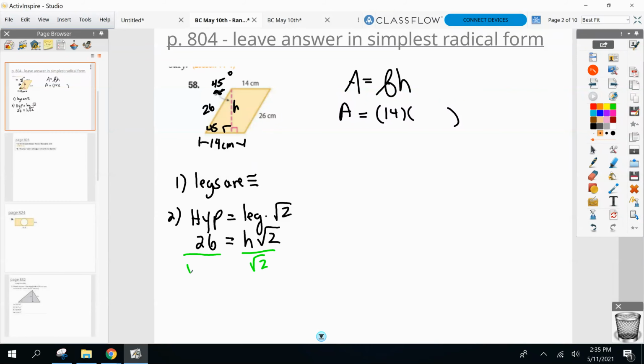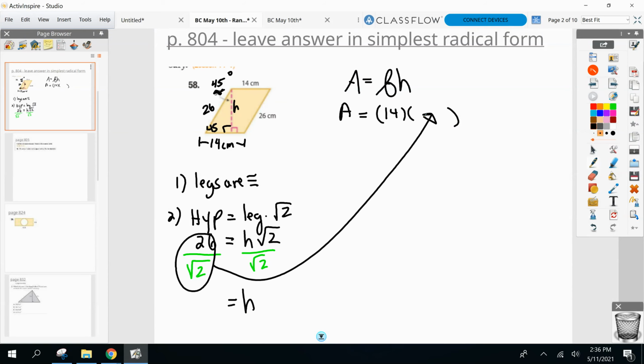And you don't have to worry about this tomorrow, about getting the radical out of the denominator. I know some of you are worried about it, unsure. Some of you are good at it. Don't worry about it tomorrow. We haven't had enough practice with it for me to put it on the test. So what I would do from here is go right to my calculator, figure out what 26 divided by radical 2 is as a decimal, plug that right into my parallelogram formula, and multiply it by 14.